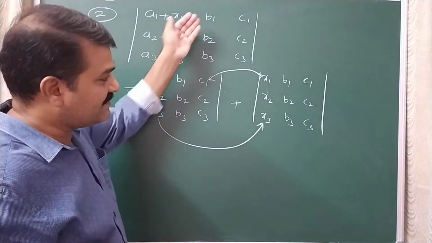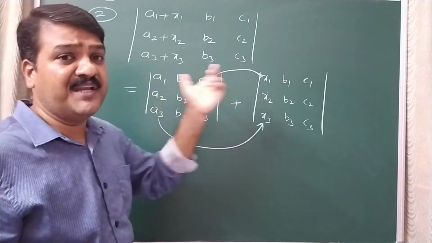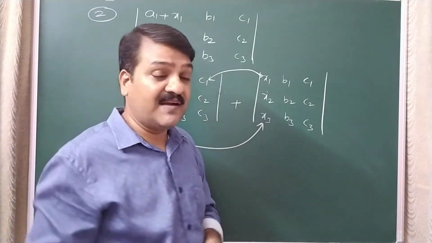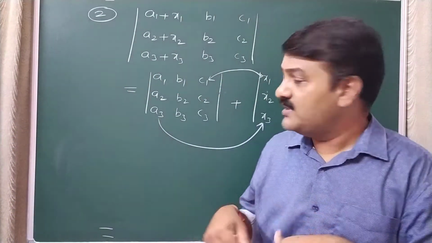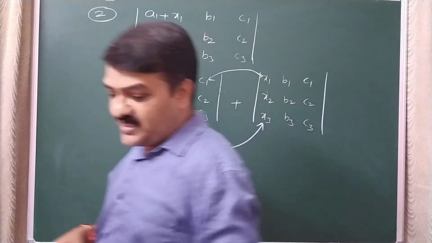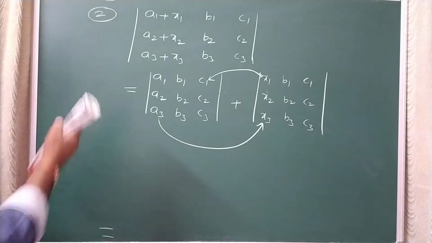This is the reverse of this property. If you want to split, you have to split through any one row or column. If you want to add also, you have to add any one row or column, keeping the remaining two as they are. So this is the determinant property. Okay, so next.